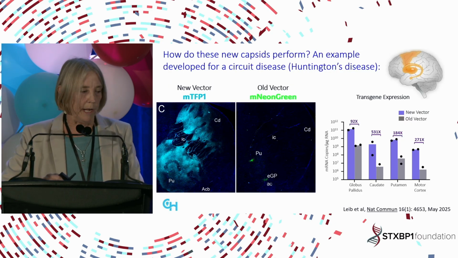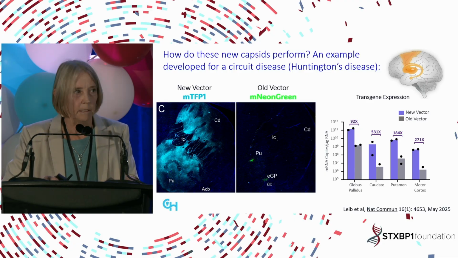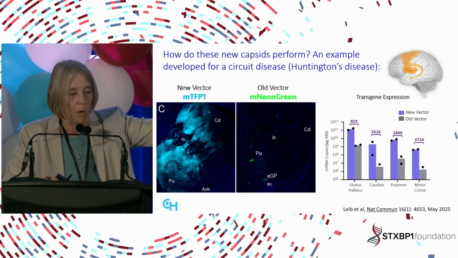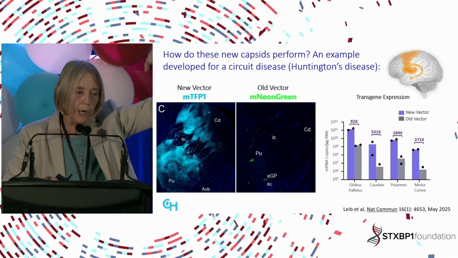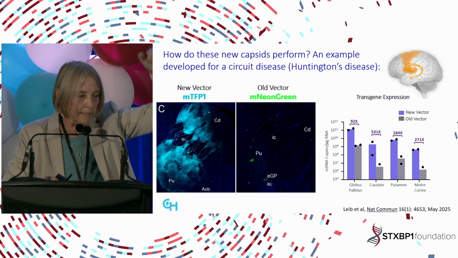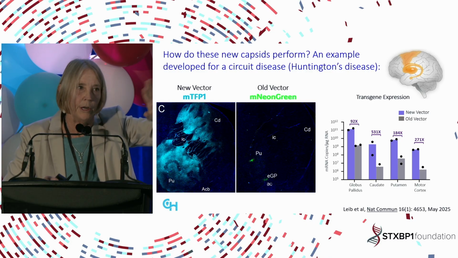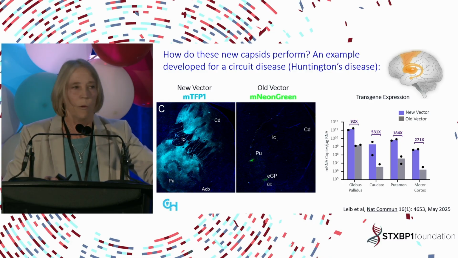I'm going to show you here how we developed one program for a circuit-based disease. It's a movement disorder, a mood and movement disorder, where that horseshoe-like thing with a ball in the middle was one target, but so was all the orange areas that are interconnected to that. And we designed a gene therapy that could essentially reach that orange region of the brain. And you notice there's a lot of white all around that. We didn't want to hit that.